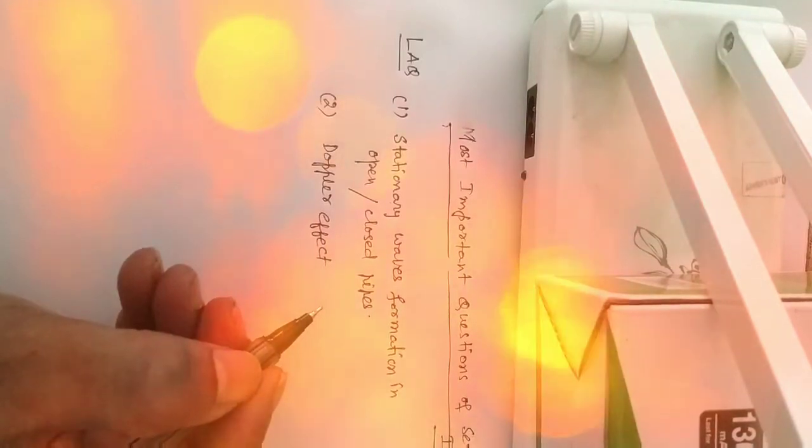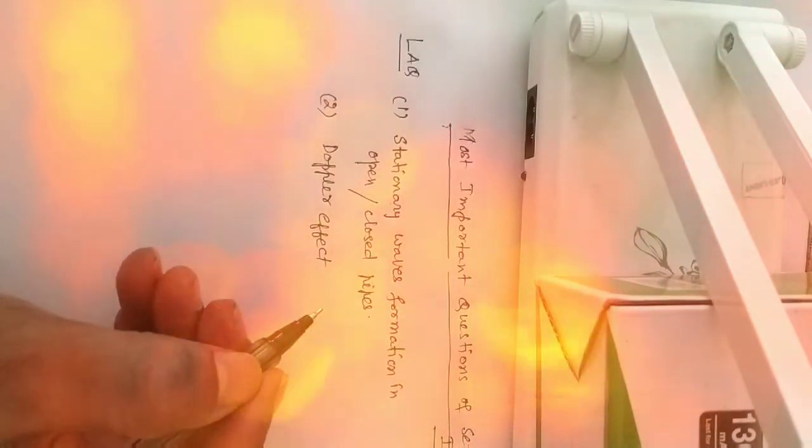Second question: what is Doppler effect? This is most important, Doppler effect. And obtain an expression for the apparent frequency of sound heard when the source is in motion.